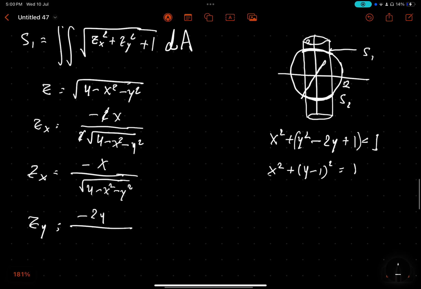minus 2y over 2 square root of 4 minus x squared minus y squared, so zy equals minus y over the same square root.